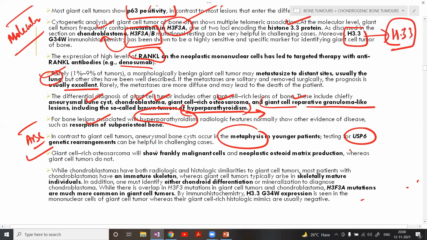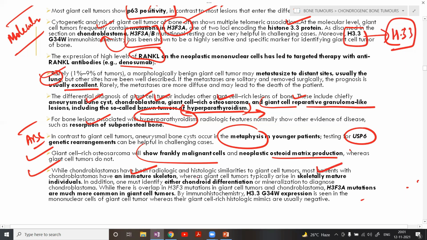Giant cell rich osteosarcoma has frankly malignant cells and osteoid production along with permeation of the matrix, which is completely absent in GCT. And chondroblastoma, as I told you, the most important point of difference from GCT is that most chondroblastomas happen in a skeletally immature skeleton, whereas giant cell tumors occur in skeletally mature individuals.